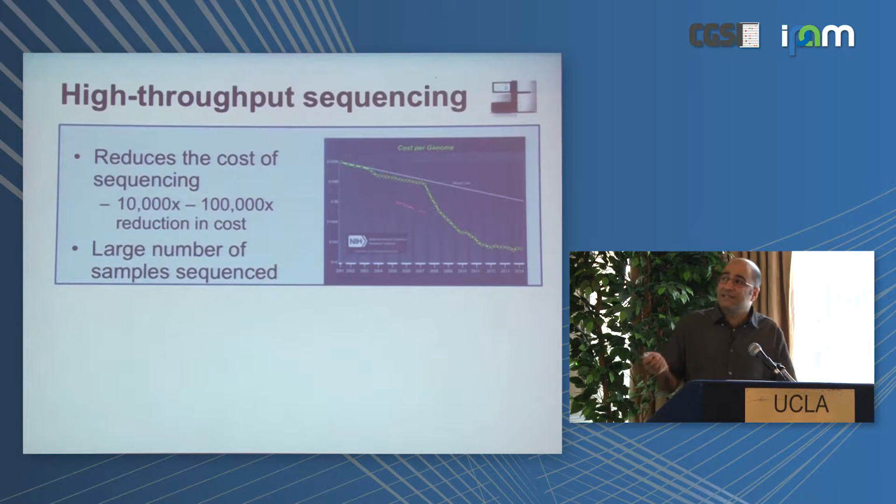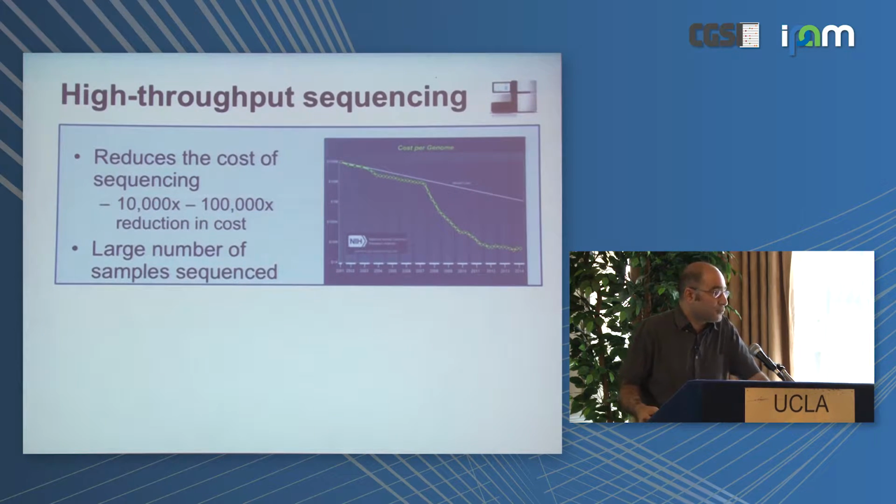You have all seen this slide, which shows the cost of sequencing dropping significantly in the past few years. Now we can sequence a whole genome. A human genome can be sequenced at a cost of around $1,000 if you're a good negotiator, and that's amazing. That means we can get our genome sequenced for almost the cost of a laptop.